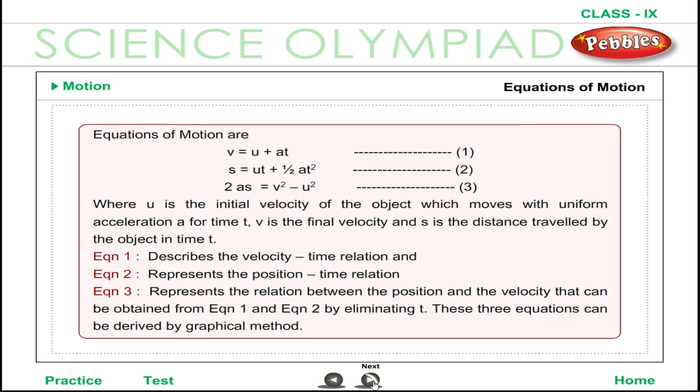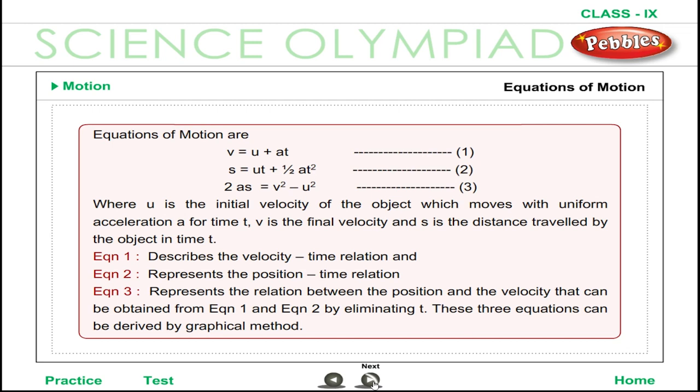Equations of motion. Equations of motion are v = u + at, equation 1; s = ut + ½at², equation 2; 2as = v² − u², equation 3, where u is the initial velocity of the object which moves with uniform acceleration a for time t, v is the final velocity and s is the distance travelled by the object in time t.